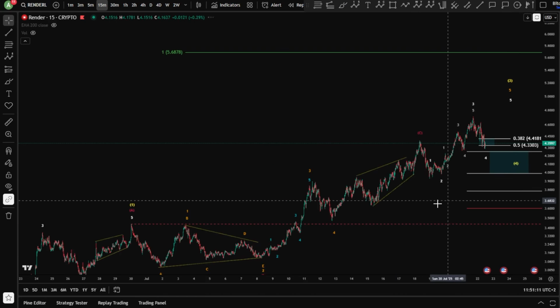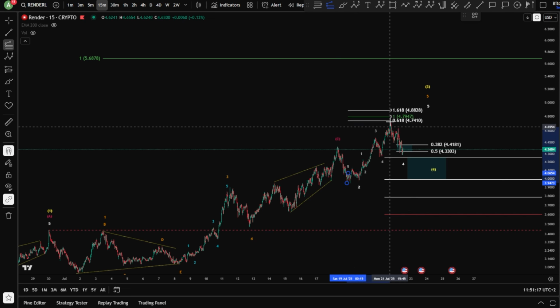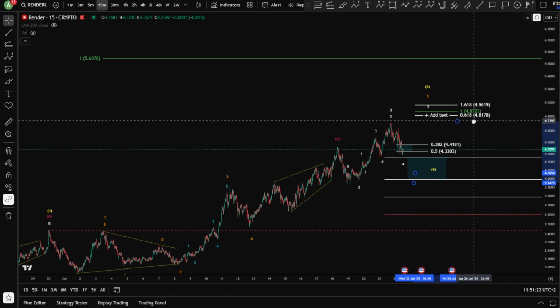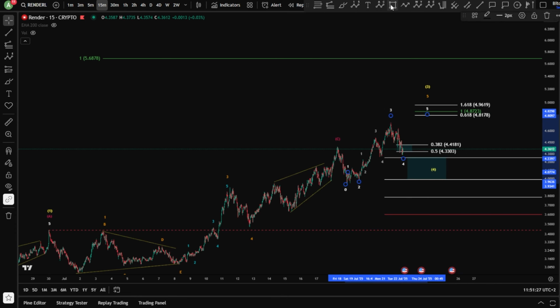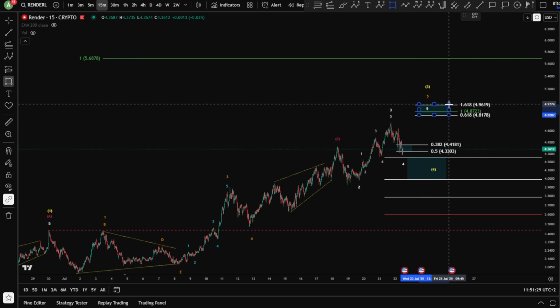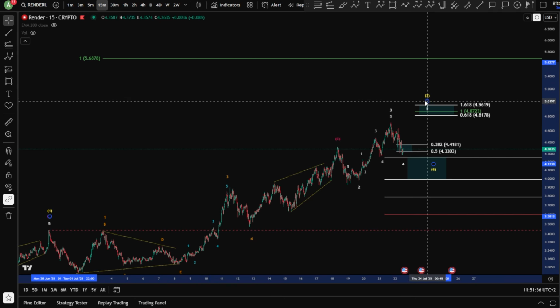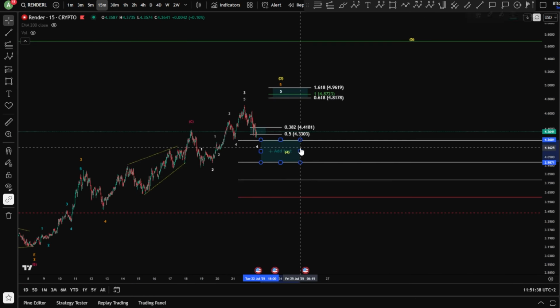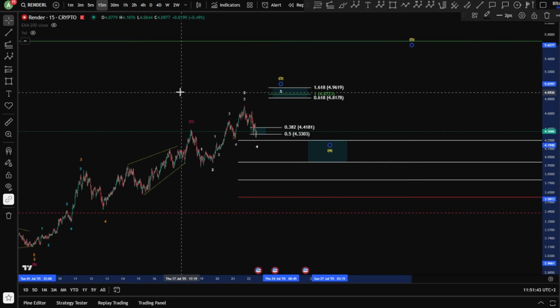Target for this wave 5, in case we are still looking for higher today for Render, we might reach this target over there, which might not be very, very high, but still, taking the all-time high here, the next target might be in this area, guys, between $4.8 and $4.96 for Render.